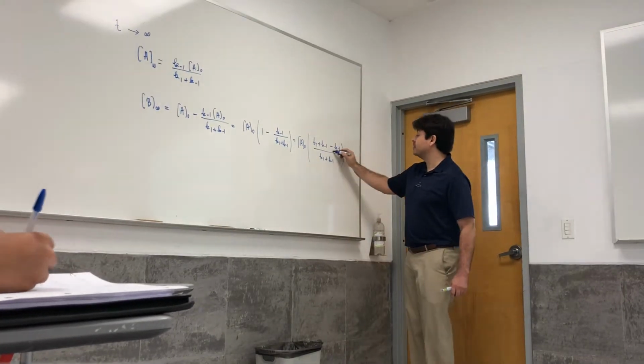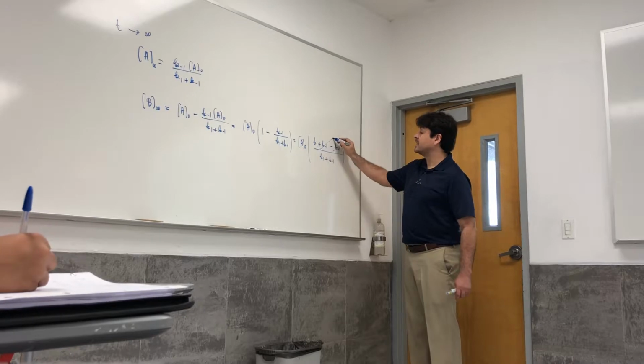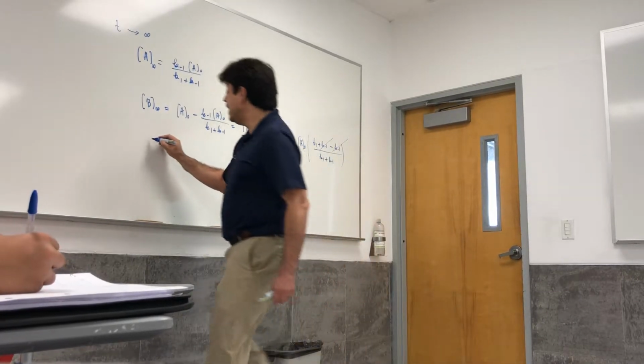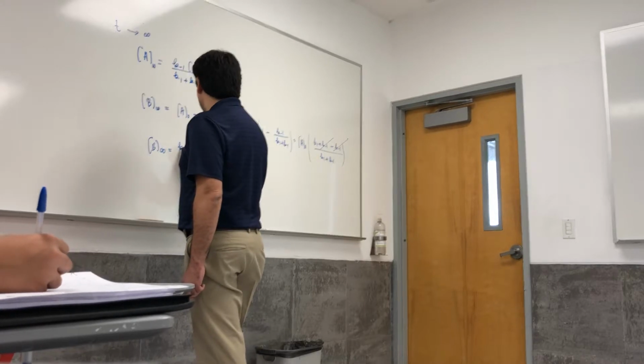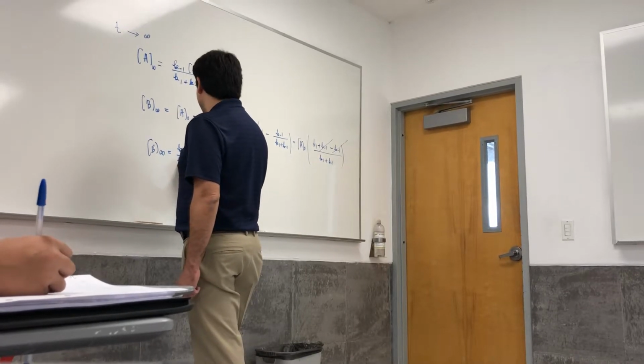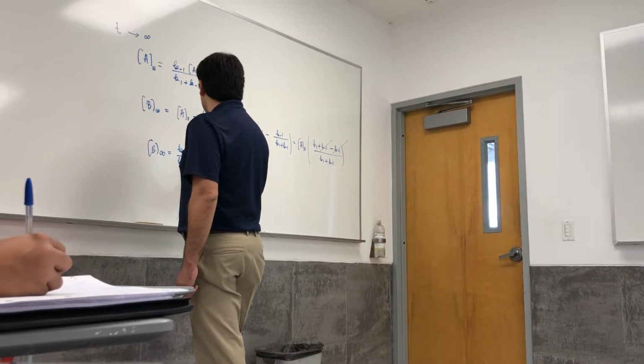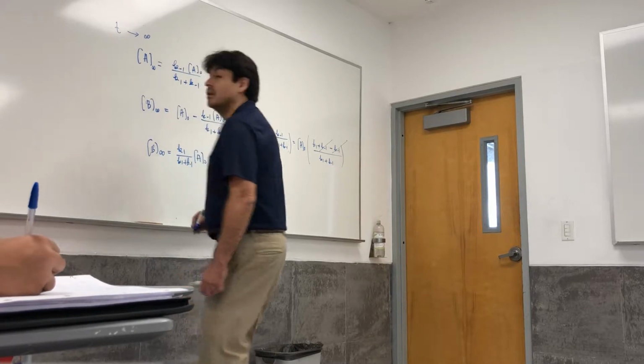And this negative term cancels this, and therefore B concentration at infinite time will be k1 over k1 plus k minus 1 times A0. Okay?